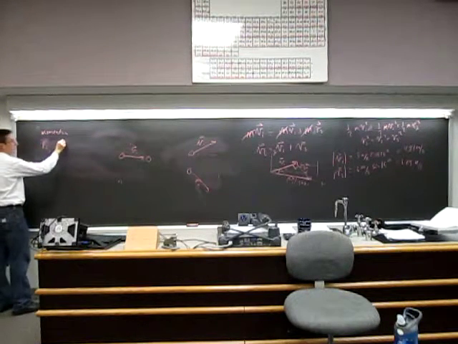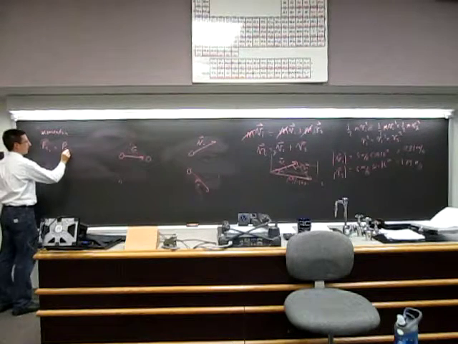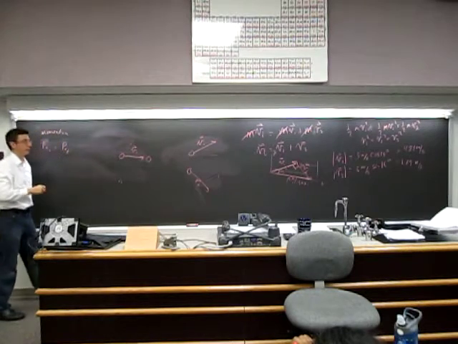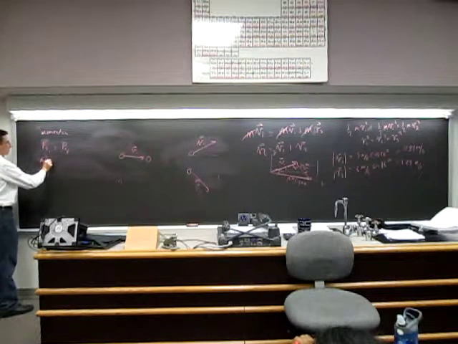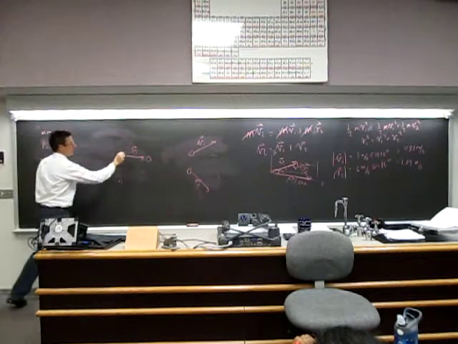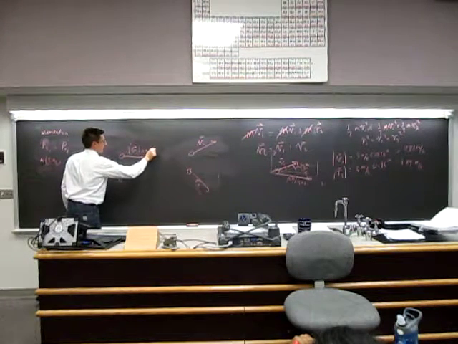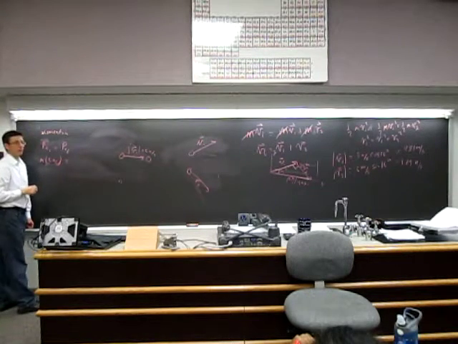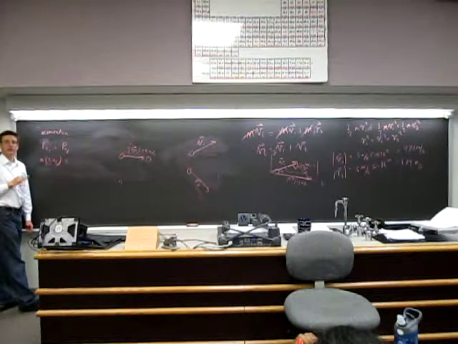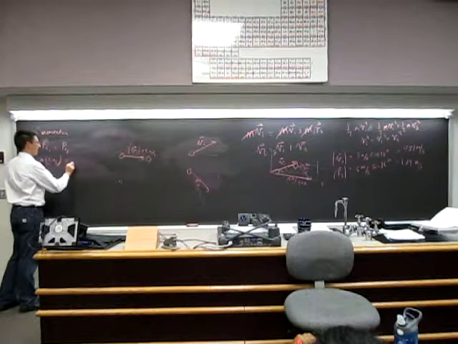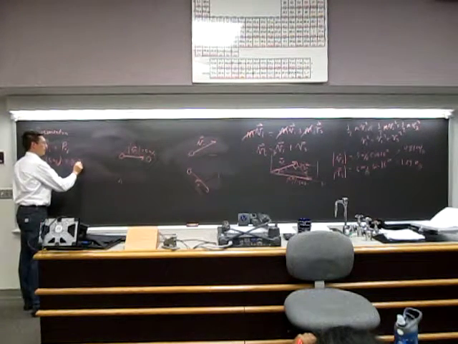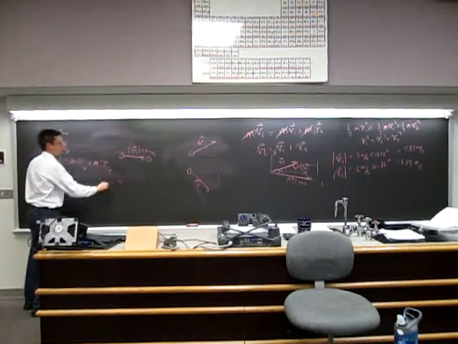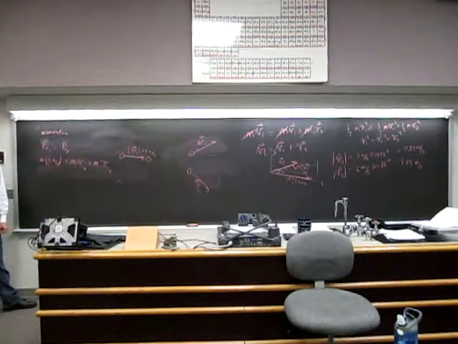Px initial has to be equal to Px final. So the initial momentum in the x direction would have been m times that 5 meters per second. And that would equal the total momentum in the x direction finally, which would be m times v1 x plus m times the x component of the v2 vector.